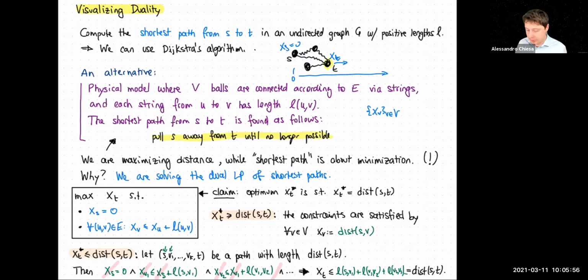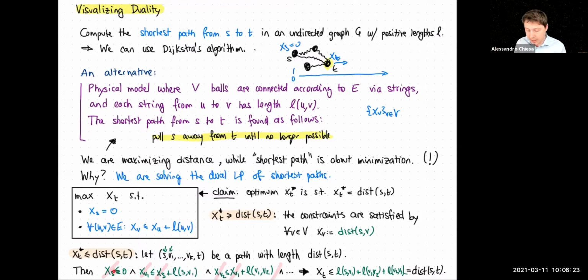How did we telescope the sum? Well, if I sum this one and this one and this one and all of them, you can think of, for the first one, let's say x_S is at most 0, which is certainly the case, right? I add them all up, and I will have a bunch of things on the left and a bunch of things on the right. Things that appear on the left and on the right just go away.